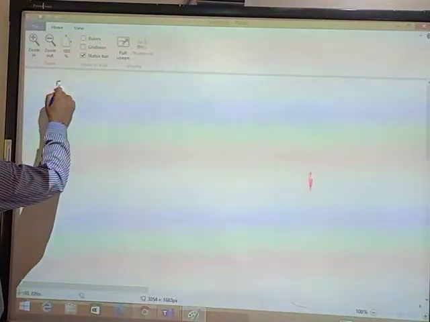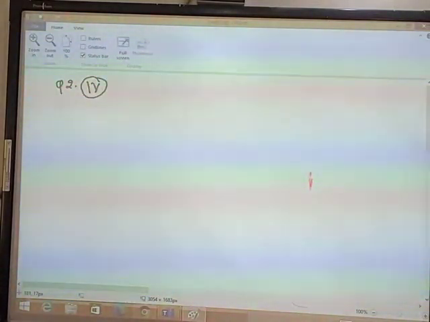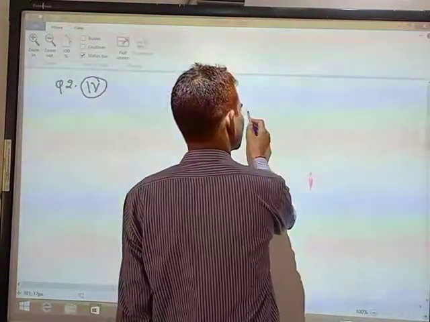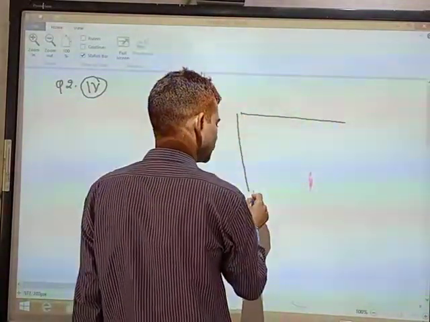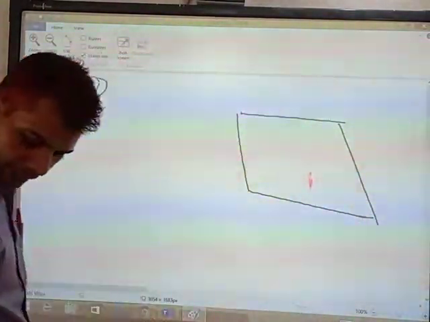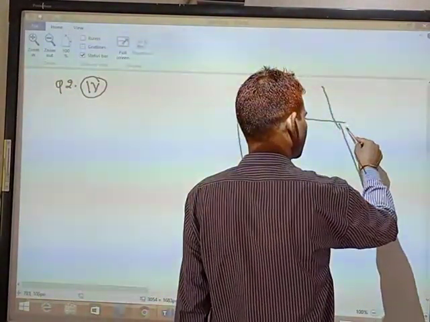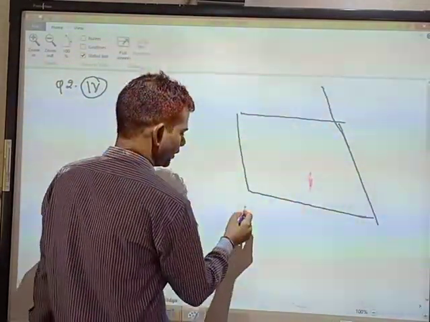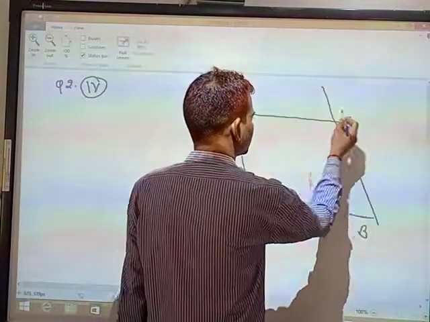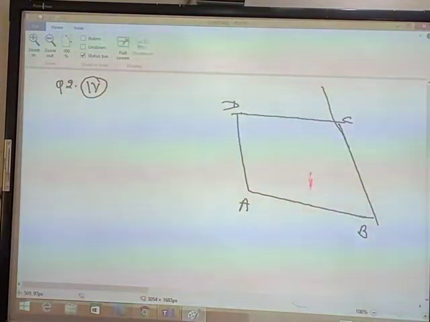Now, students, fourth part of question number 2. Students, this is your parallelogram ABCD. This angle is 80 degree.